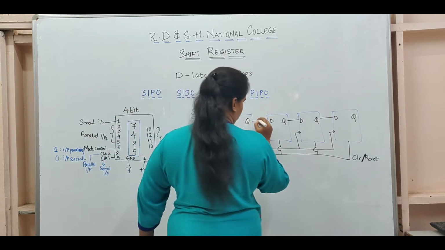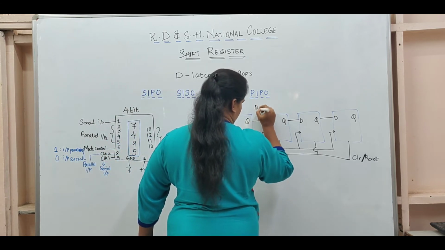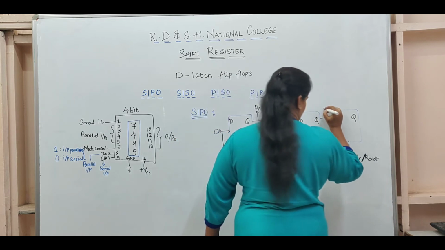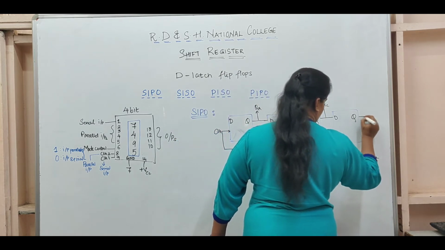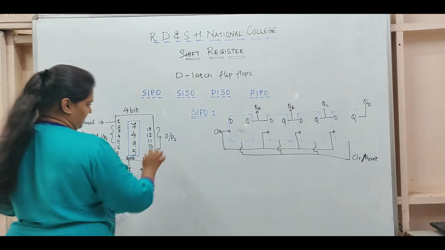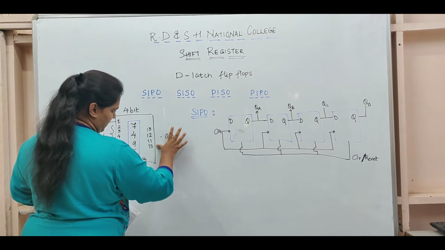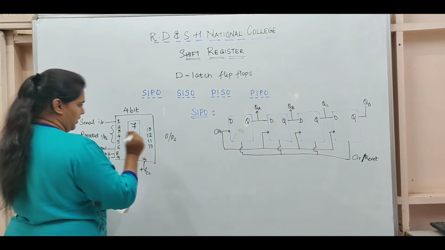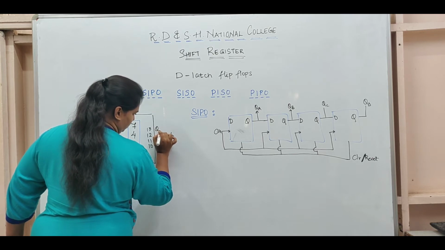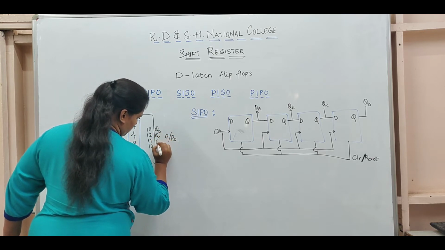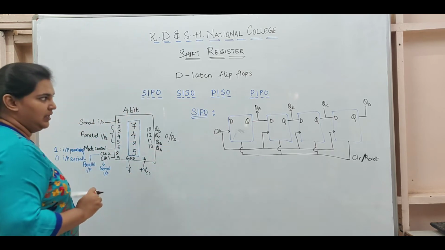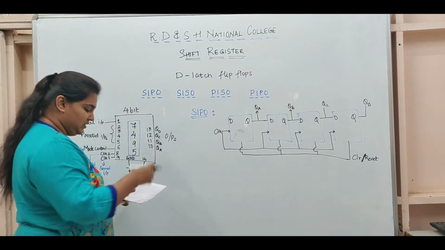Now the output from here is taken as QA, QB, QC and QD, which on this pin is reflected as, so I'll just erase this and write down the numbers. This is QD, QC, QB and QA. Okay, now let's move ahead.